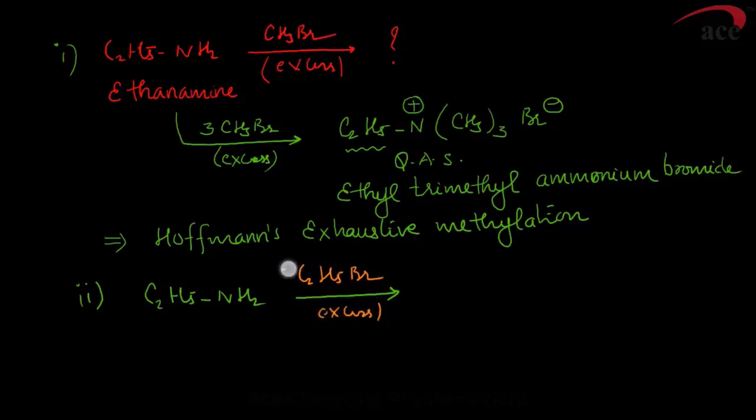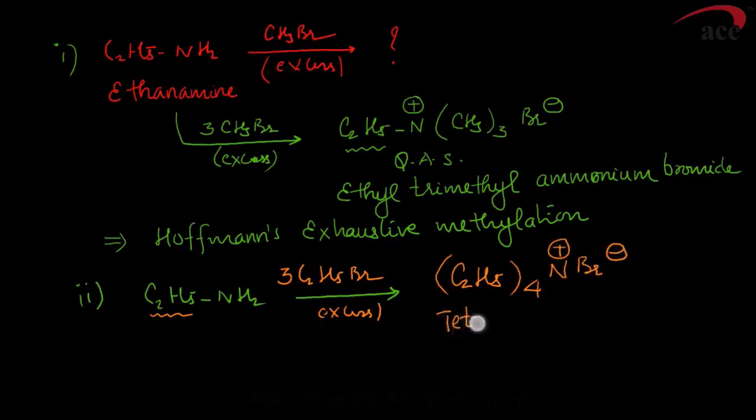It will consume 3 moles of C2H5Br. The best part is that everywhere it is an ethyl unit, so there are a total of 4 ethyl groups. So it should be written as (C2H5)4N+ Br-. N+ is called ammonium, and C2H5 four times is tetraethyl, therefore it should be called tetraethyl ammonium bromide.